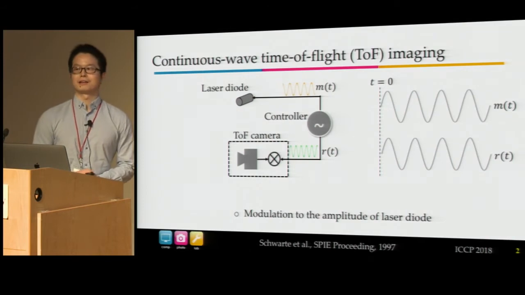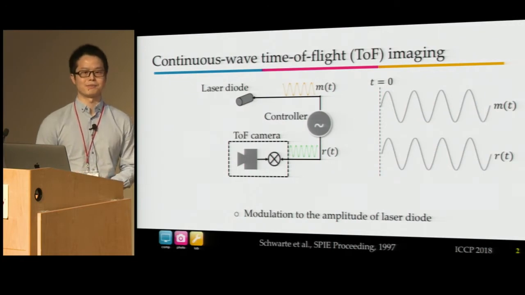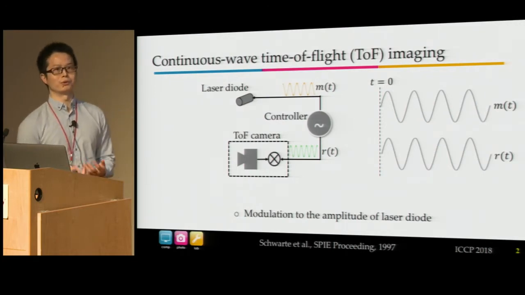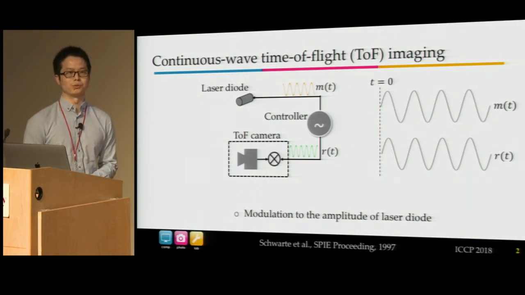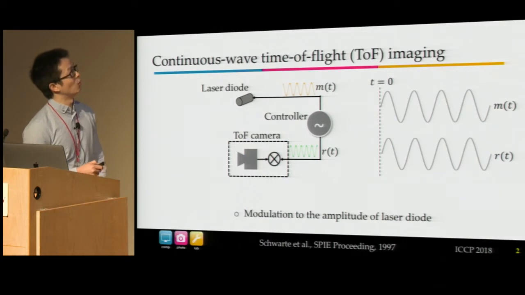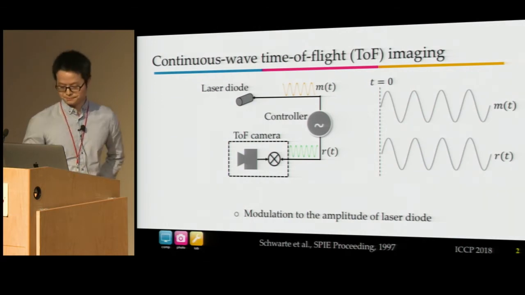I think many of you here are familiar with continuous wave time-of-flight imaging, which we can also refer to as time-of-flight cameras. In time-of-flight cameras, we have a controller which sends out two radio frequencies. One radio frequency, MT, controls the amplitude of the light source, and the second, RT, is sent to the camera as the reference signal.